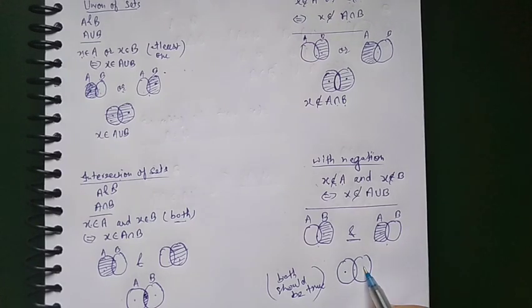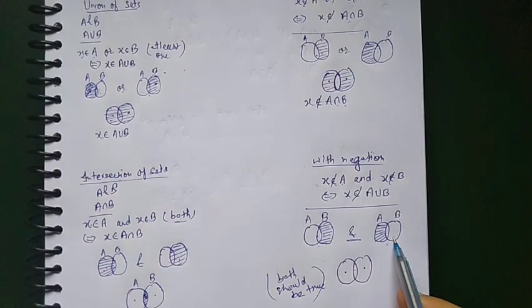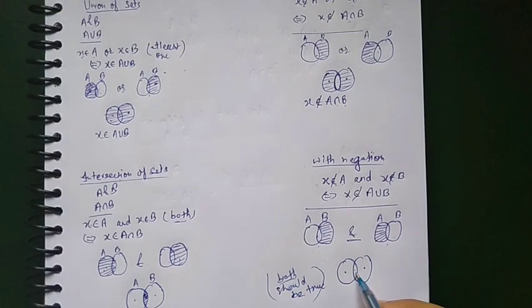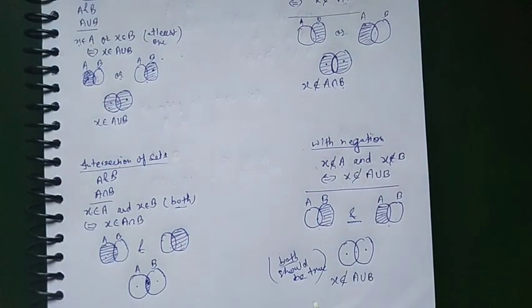If we take x in this region, then this is true, but this is not true, so both here also are not true, so x can't be here, here and here also. So we can imply that x doesn't belong to the whole universal set A union B.